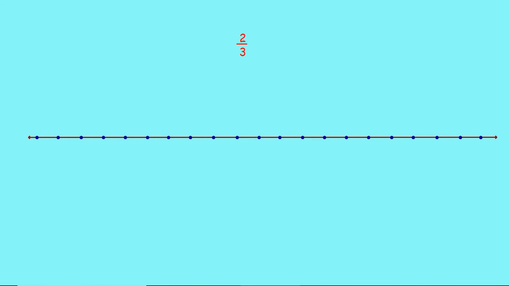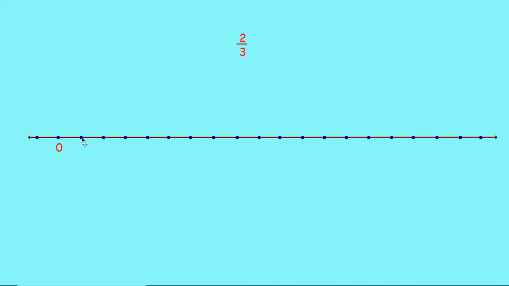You also learned how to represent fractions on the number line. Suppose we want to represent 2 by 3 on the number line. First, we have to mark 0. Now, to represent 2 by 3, we have to divide one unit into 3 parts and take the second part.